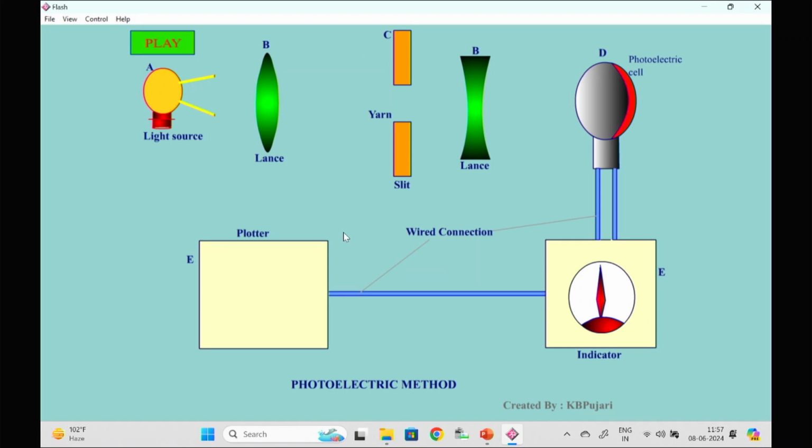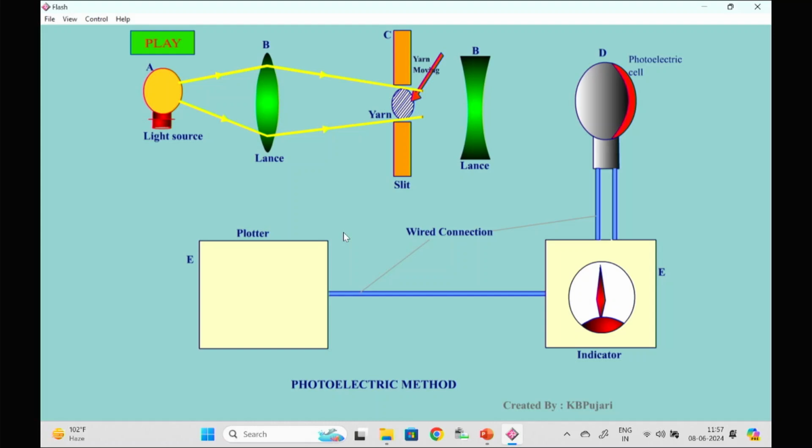Light source is going through a lens and it's projected on a slit, through which the yarn will pass.